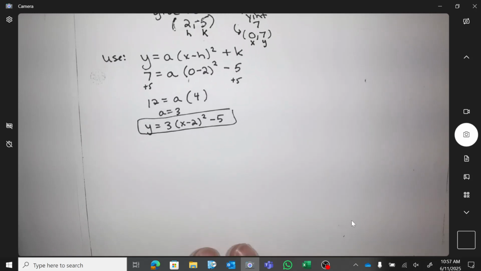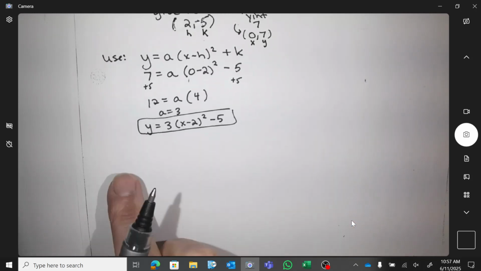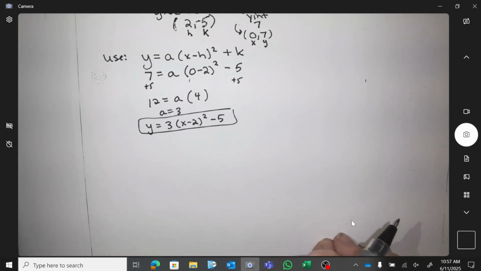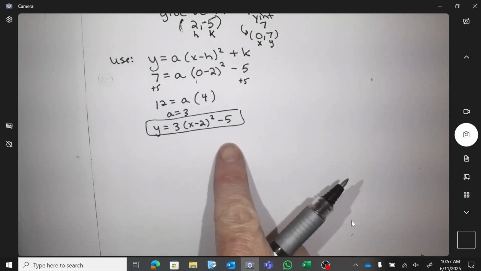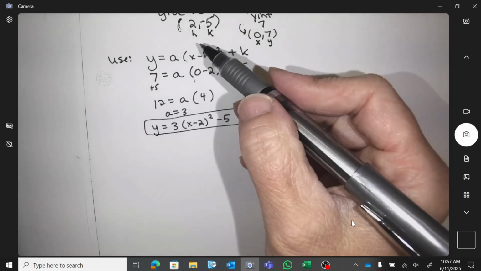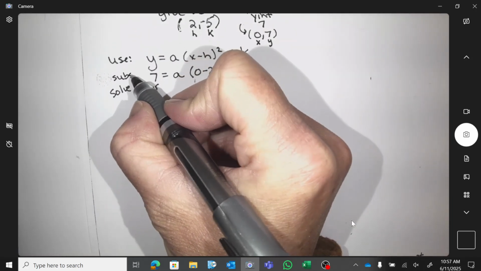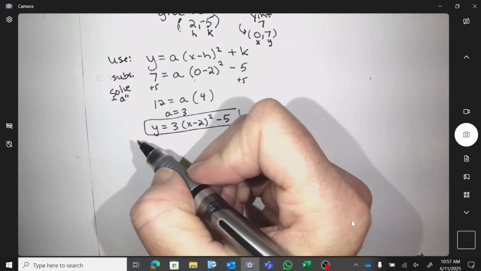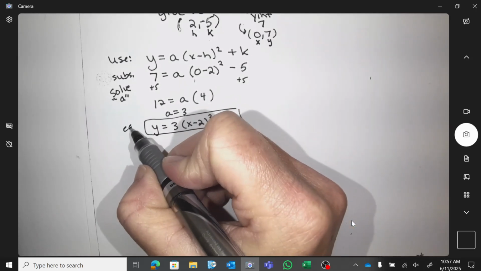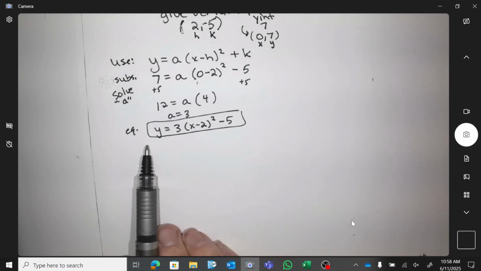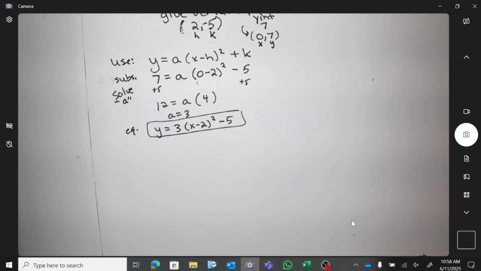So I have to think about how I would type that into my calculator, and that's what I need, because I need the y equals in my calculator, and I need to write with my x button in my calculator, right? I had to solve for A. I substituted, I solved for A, and I did the equation. Those were my moves.